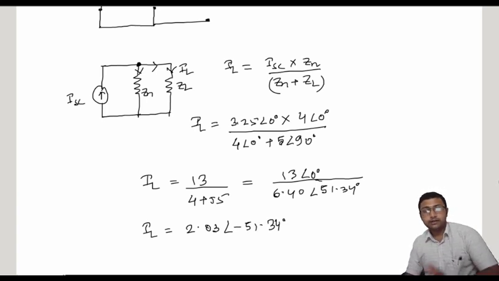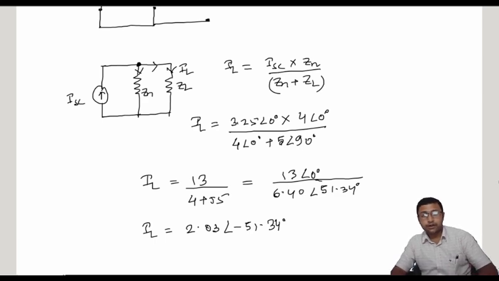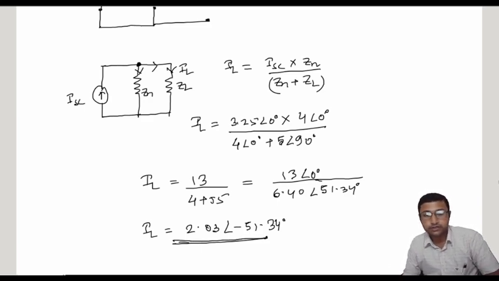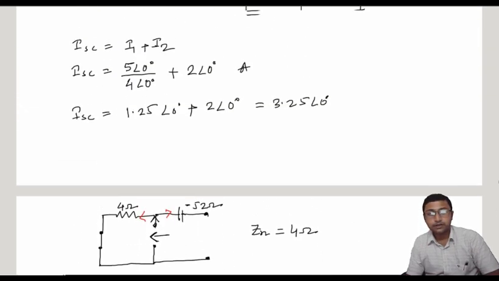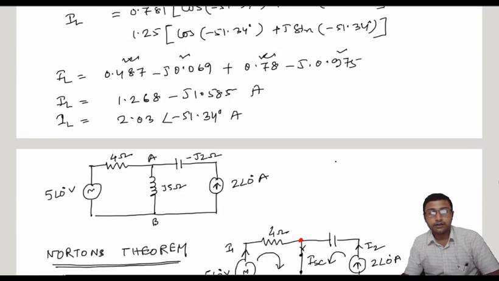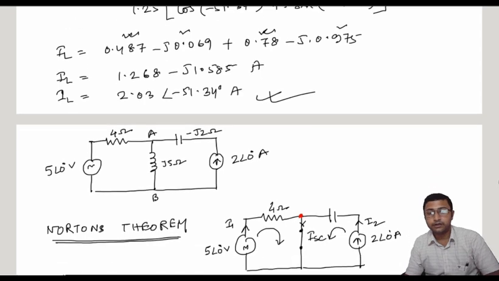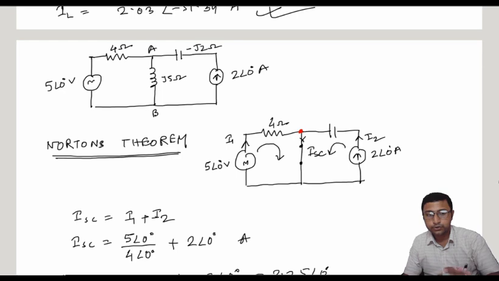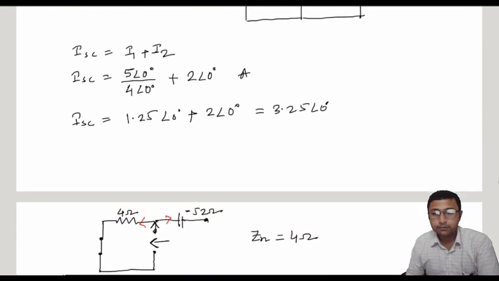Now again it is proof that the value of the load current is the same using the superposition theorem or using Norton's theorem, because in Norton's theorem it is showing 2.03 at an angle minus 51.34 degree, and using the superposition theorem it is also showing 2.03 at an angle minus 51.34 degree. So these are the two network theorems using AC voltage sources.